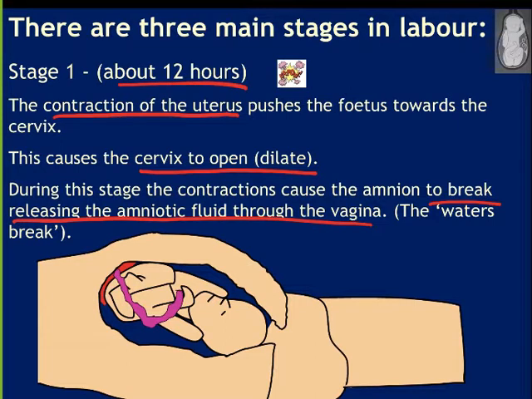So it's only when you get to the 10 centimeter dilation mark that stage 1 is over. Because then stage 2 is when you're actively pushing the baby out. And you're not allowed to push until you're 10 centimeters.